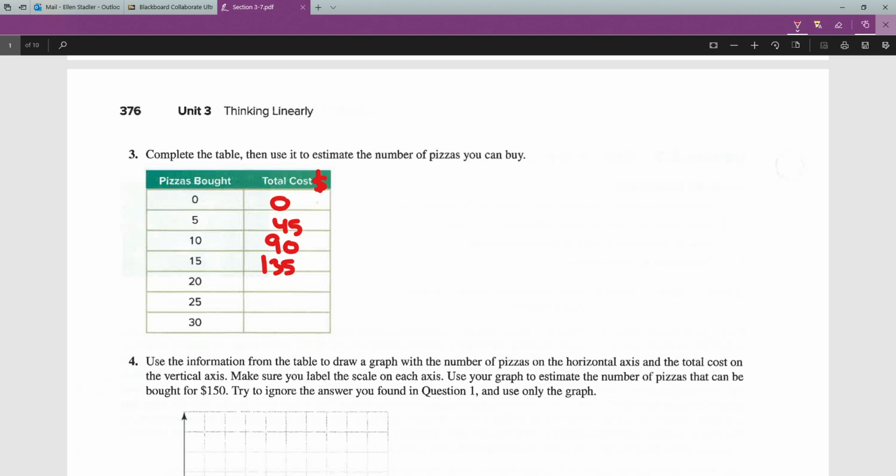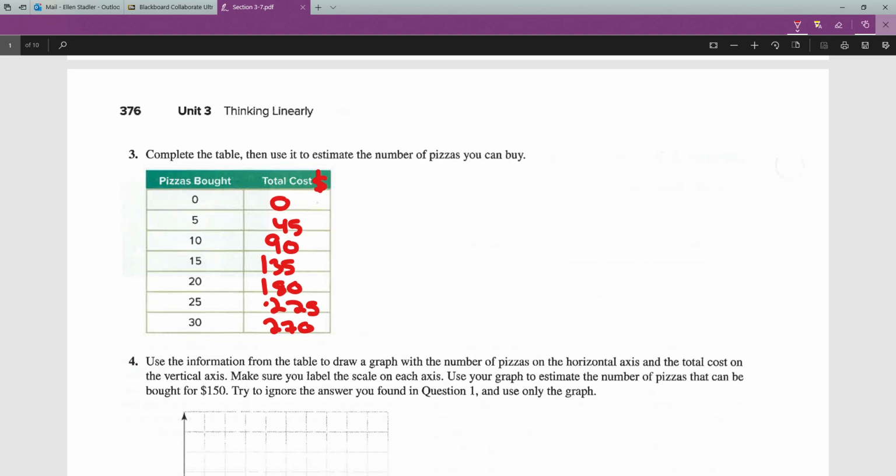What is 20 times 9? 180. What is 25 times 9? 225. What is 30 times 9? 270. Remember that we learned in the last lesson that you can actually do this on your calculator.